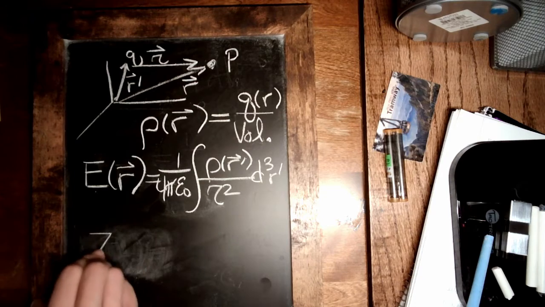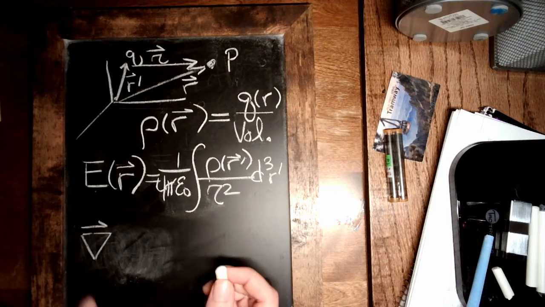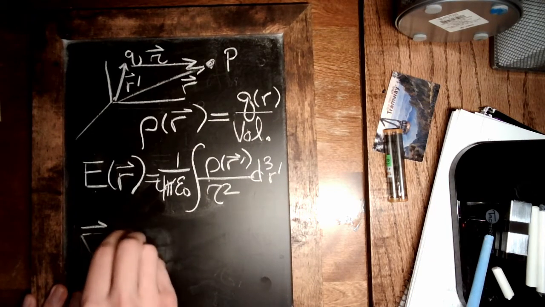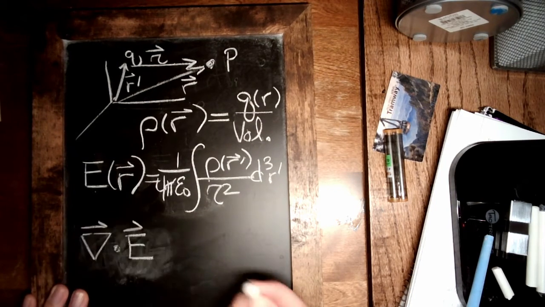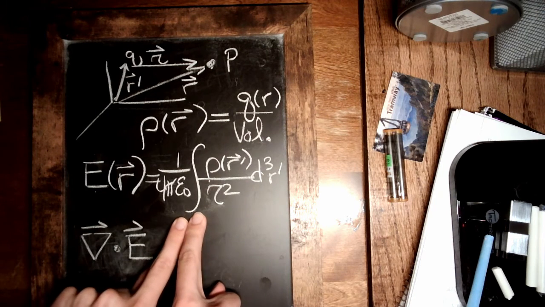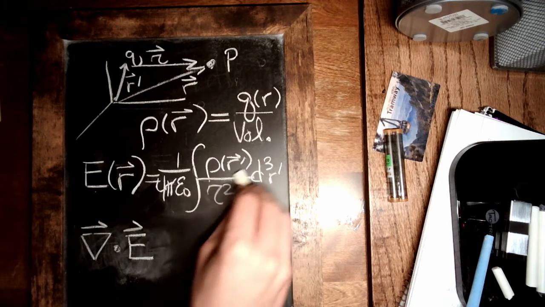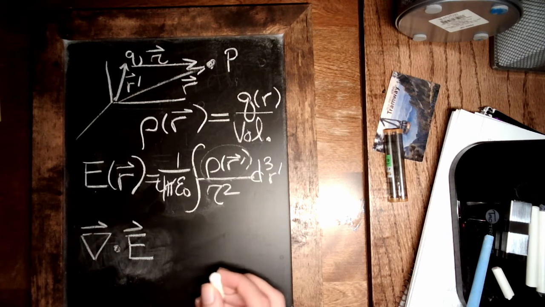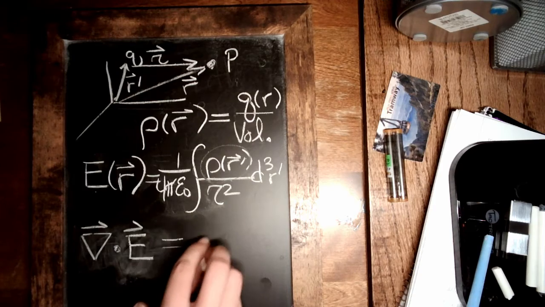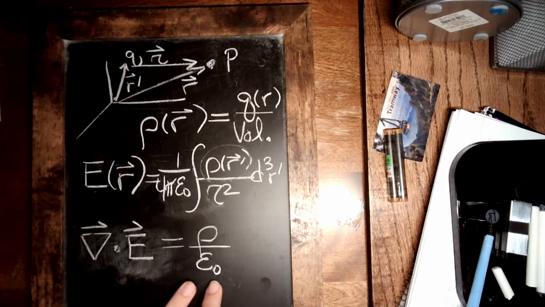Now, in differential form, we're going to use this lovely vectored triangle called the gradient operator and act that on the electric field instead. So we pay the price for getting rid of this integral by adding this derivative on the left-hand side. But now we just get out that rho that we had there before, that charge density. And only one of the constants survives, that epsilon naught.